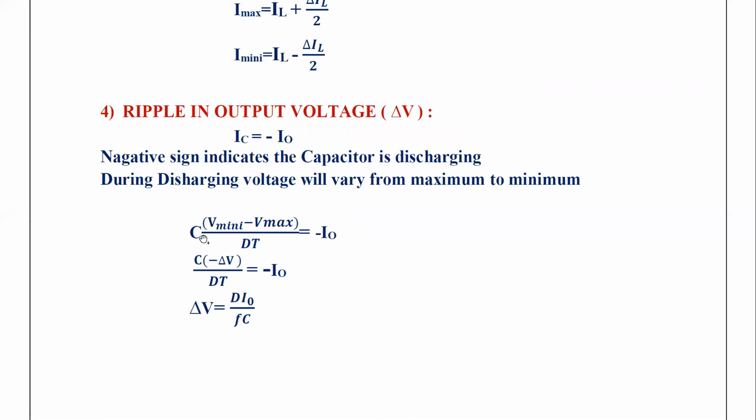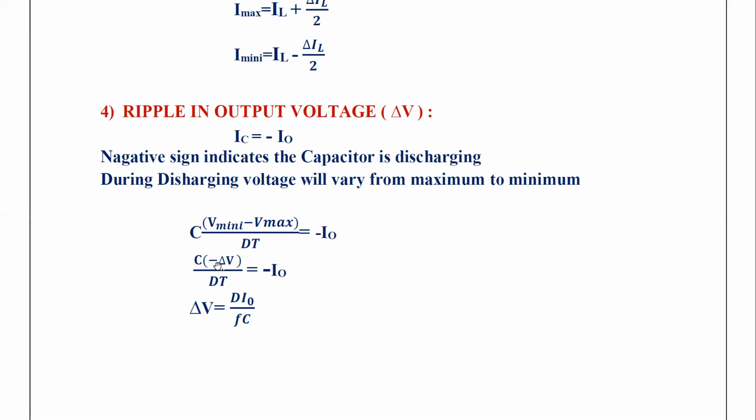So for that reason, the change in the voltage can be taken as point B to point A. Point B is minimum, point A is maximum. Therefore, C into V minimum minus V maximum divided by dt, which is the turn on time, is equal to minus I naught. Actually the change in the voltage is written as V max minus V minimum, but here I am writing V minimum minus V maximum.